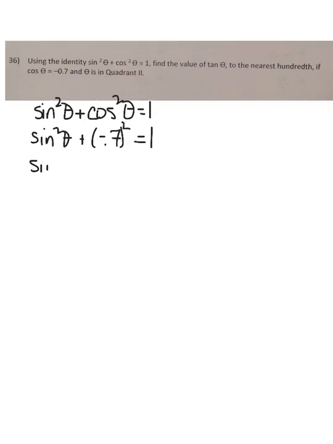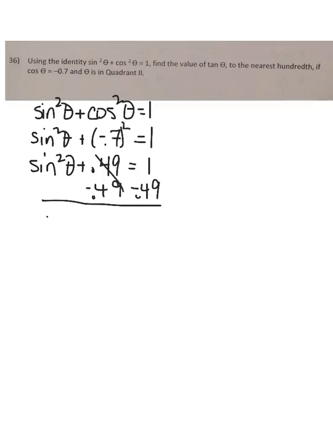So I've got sine squared theta plus 0.49 equals 1. I'm going to subtract over that 0.49. Oops, maybe I should write that decimal, huh? That'll disappear. You're going to subtract that. So I have sine squared theta, and that equals 0.51.